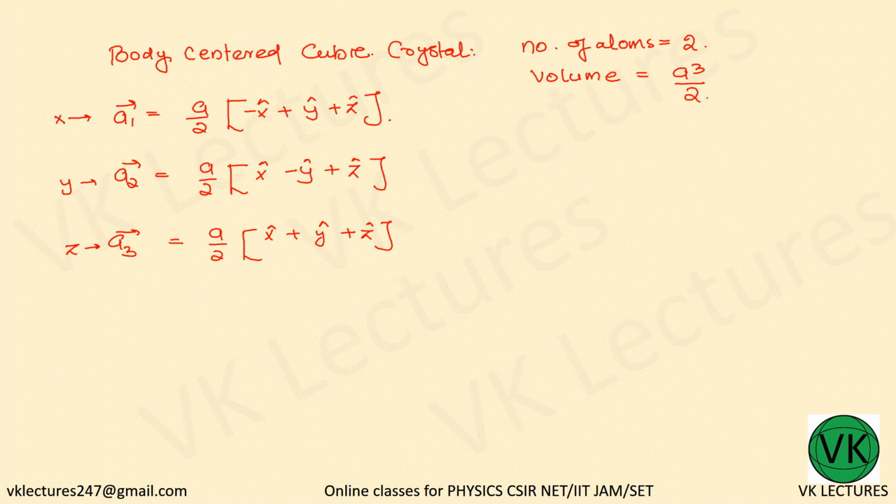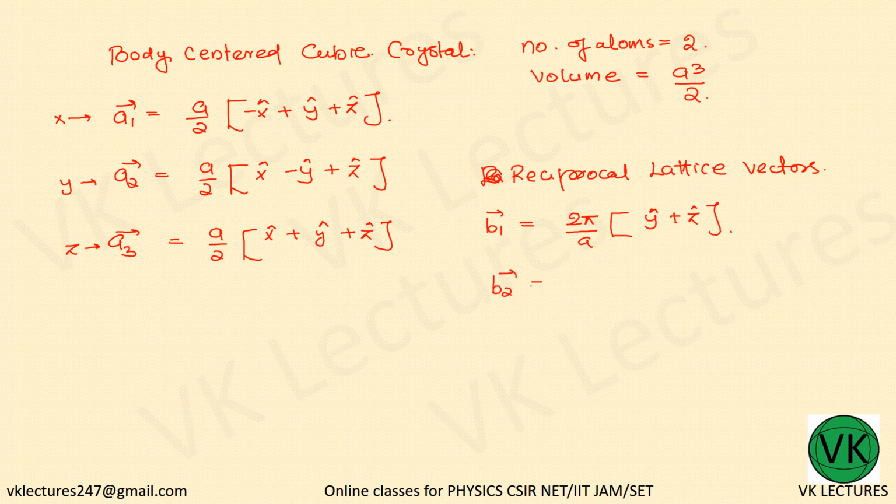So the reciprocal lattice vectors are given by b1 equal to 2 pi by a into y cap plus z cap, b2 equal to 2 pi by a into x cap plus z cap, b3 equal to 2 pi by a into x cap plus y cap.